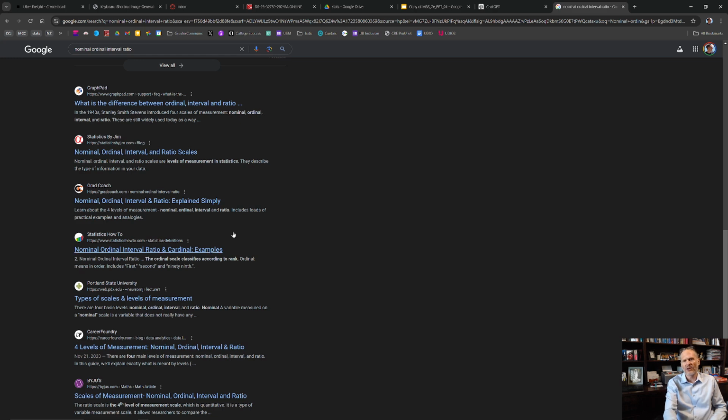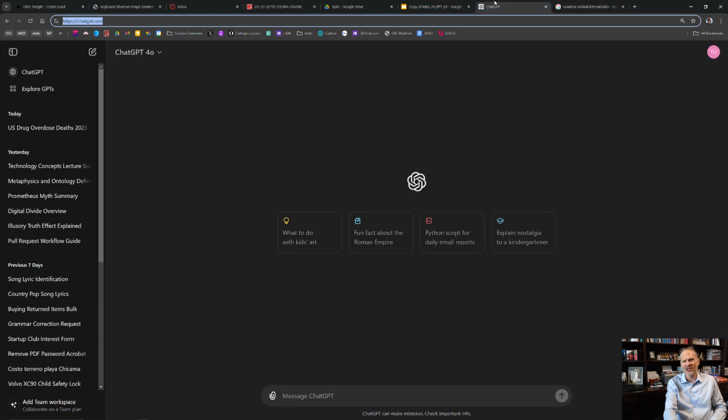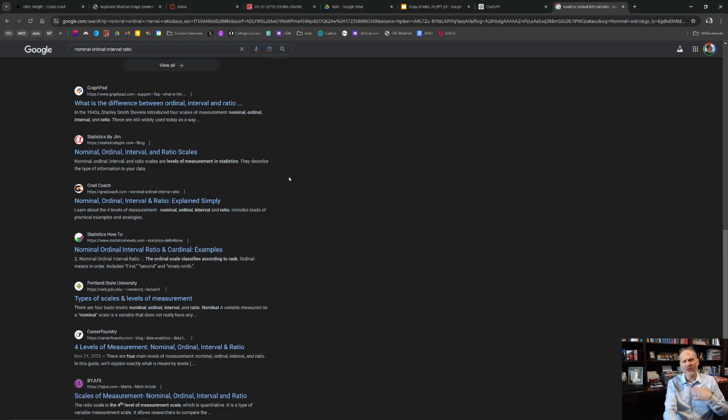The difference between Google, right, which is this, and ChatGPT, generative AI, is that generative AI is going to read through all of the resources everywhere available on the web. It's already read through all those resources. It might update its understanding by reading through a few more current resources. When I ask it a question, it's going to read through all the resources for me. I don't have to read through the resources. I don't have to read through all of this here.